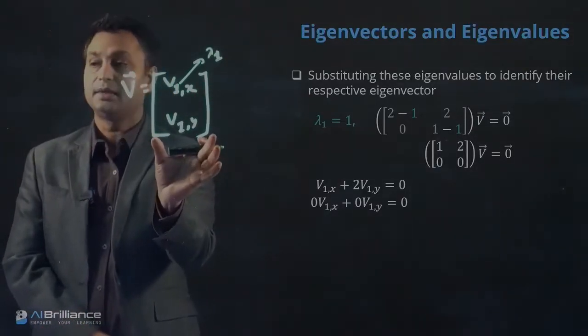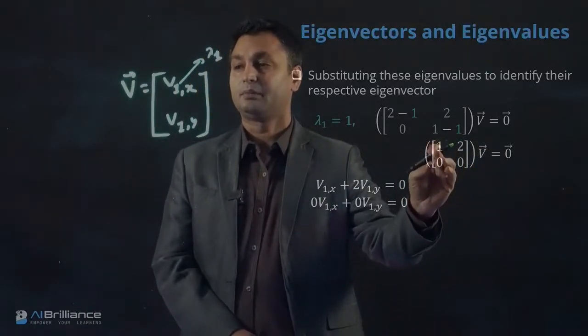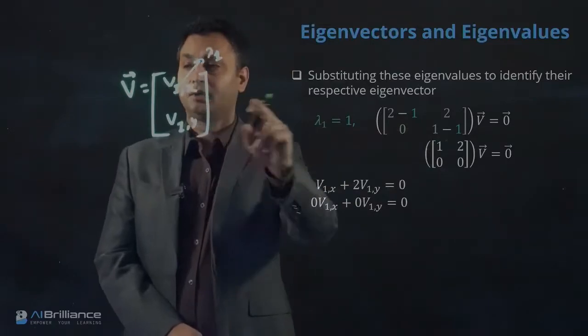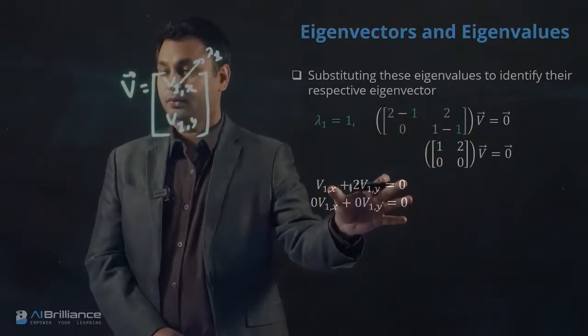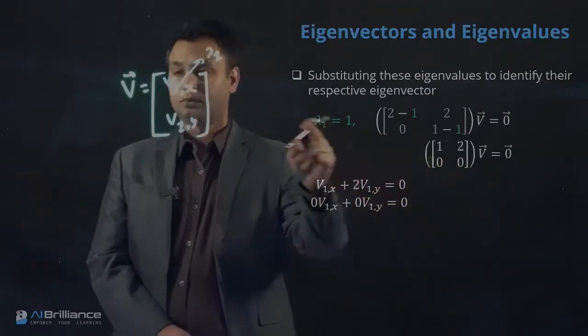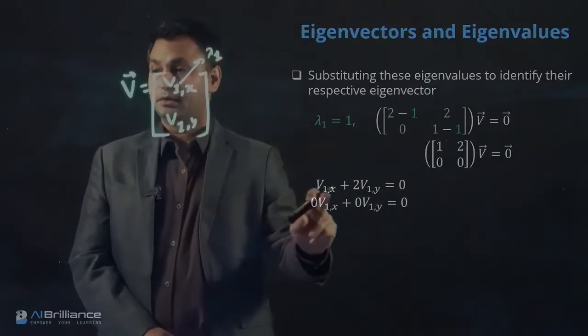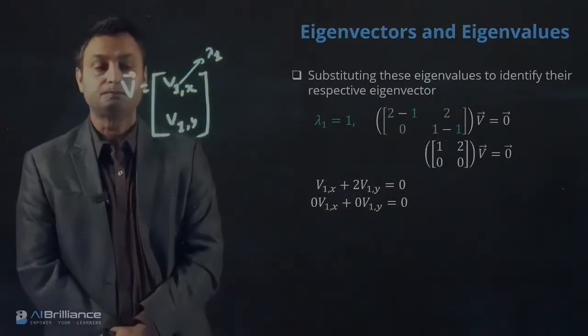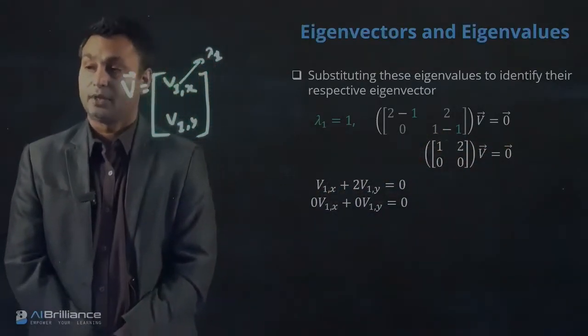If v is like this, then I can multiply 1 times v1x plus 2 times v1y, and that gives me the first equation. Similarly, 0 times v1x plus 0 times v1y is equal to 0 is the second equation that we can get from this equation.